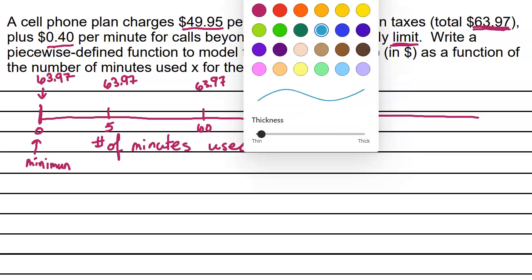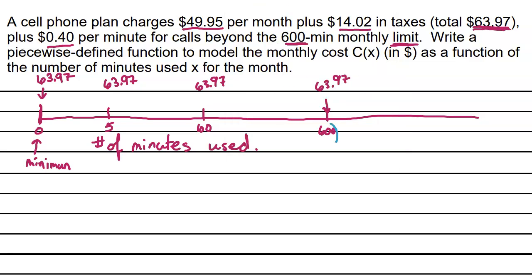Now, if you use 601 minutes, calls beyond the 600 limit, or if you use 600 minutes and 1 second even, you are actually going to get charged $63.97 plus 40 cents per minute.